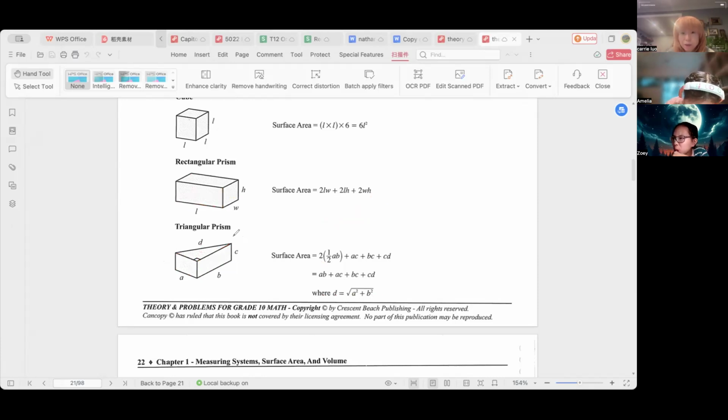Okay, I'm going to clear the board and let you copy down this one. 嗯，那哪个学的不好啊？ I don't know.